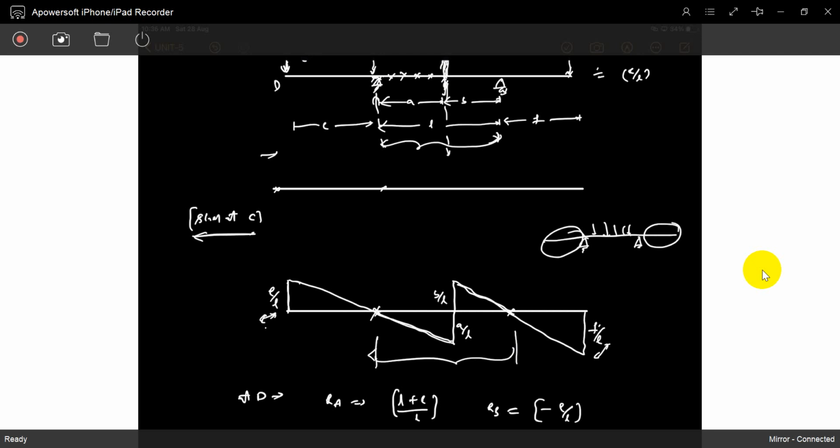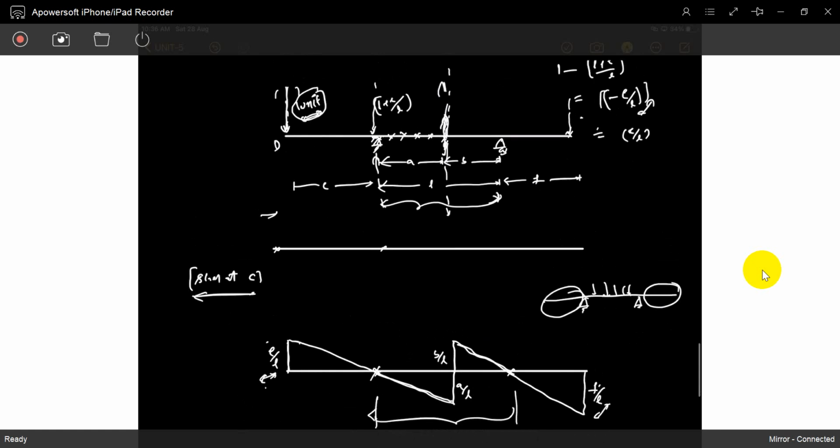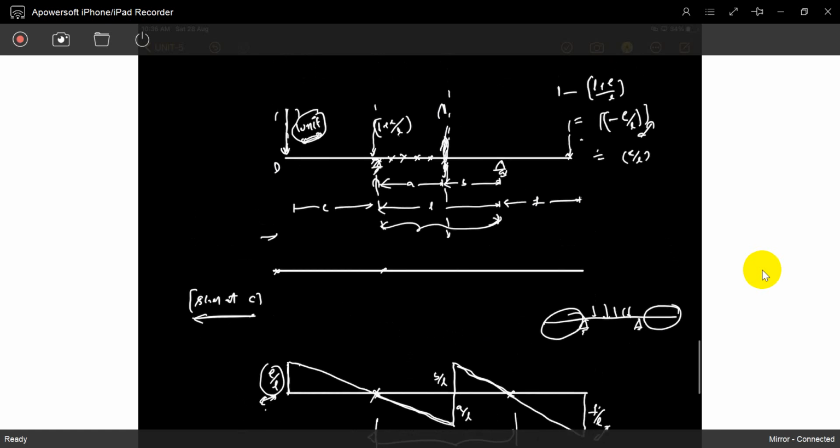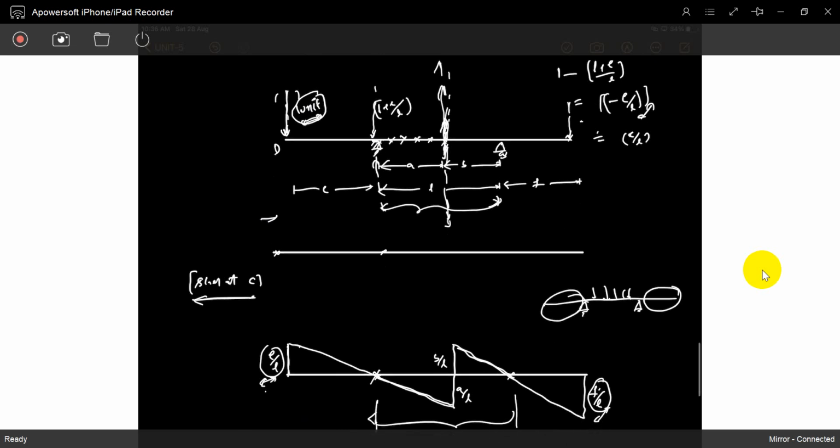No loads are transferred from beyond those points. So if the load is at this location, the shear is E by L. If the load is at this position, the shear is F by L. This is at a particular value, at a particular location only, not a shear force diagram. Got it?